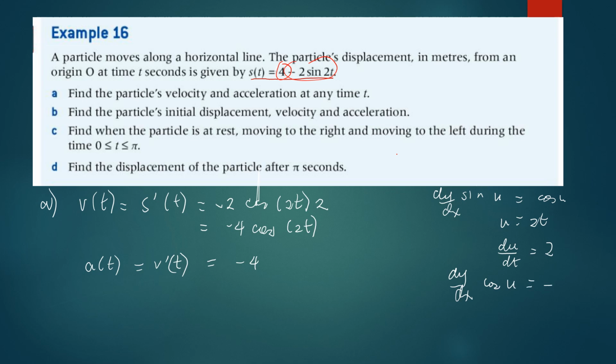Negative sine u, where u equals 2t and our du over dt equals 2. So the derivative of this is negative sine 2t times the derivative of u, which is 2. So how much is this? 8 sine 2t. Okay, so we're done with letter A.